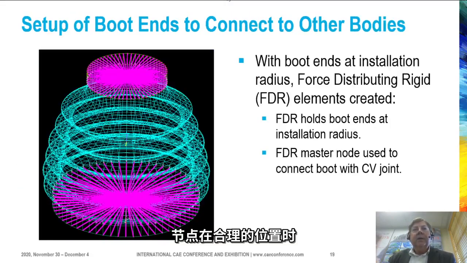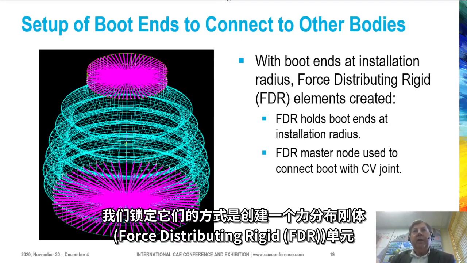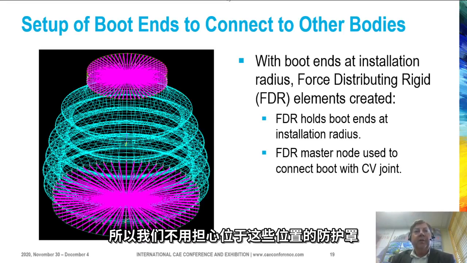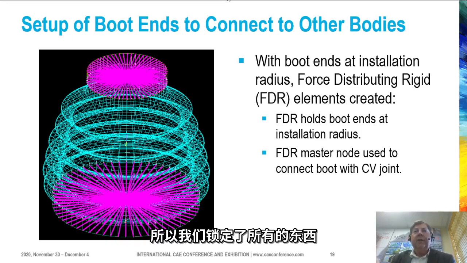So then with the nodes in the proper location, the way we locked them in was to create a force distributing rigid element. Since everything was attached by contact to those rigid bodies, we weren't worrying about the boot at those locations, so we locked everything into place.